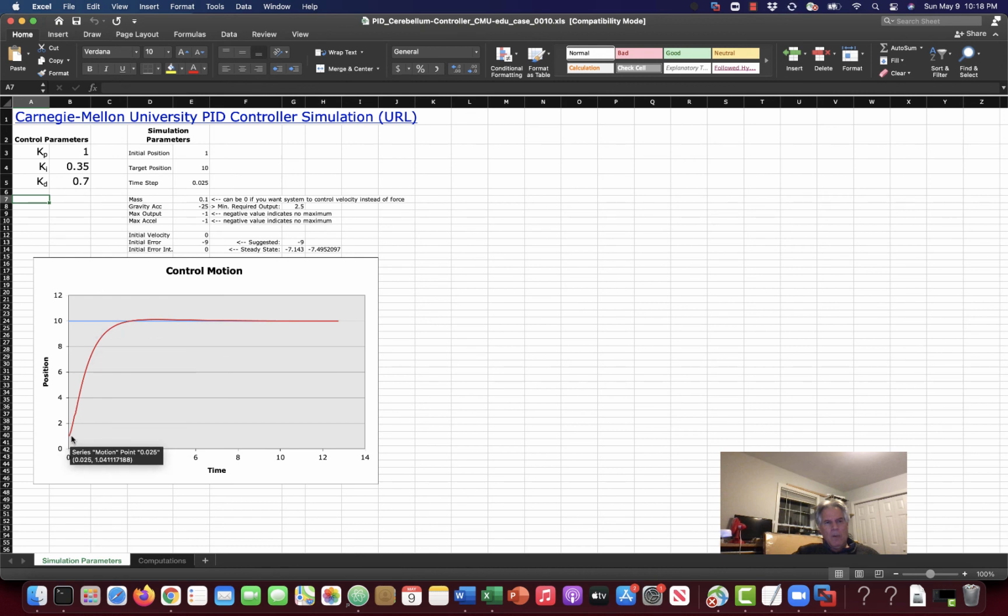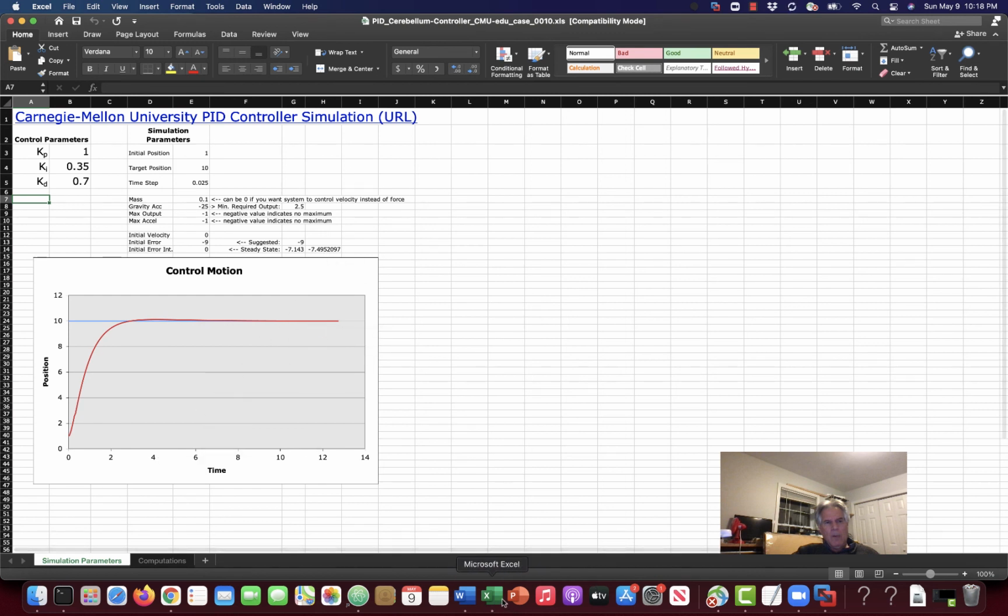So 0.7 we kept and 1 we kept, but we backed off the integral error a little bit. And you can see here that we swung up here. And there's the slightest overshoot, and then we come back down and everything's good.